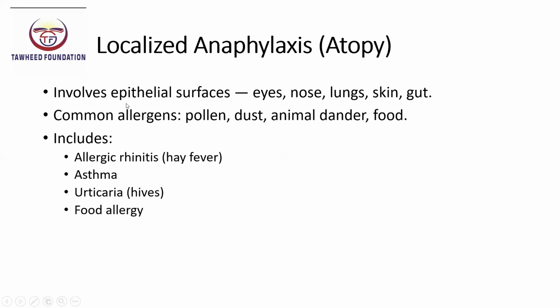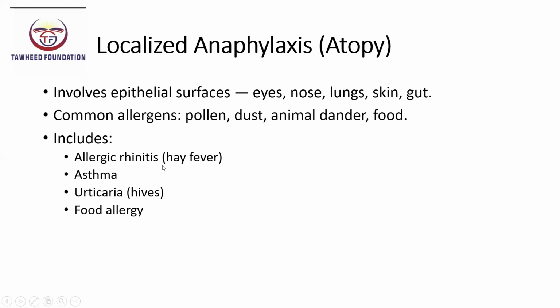Next is localized anaphylaxis, atopy. Localized anaphylaxis or atopy occurs when allergic reactions are confined to specific tissues such as the skin, lungs, eyes, nose, or gut. Common allergens include pollen, dust, animal dander, and certain foods.